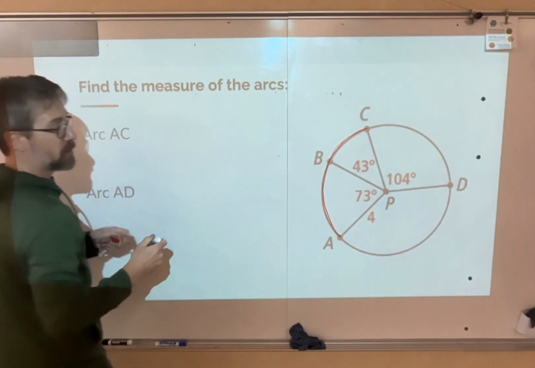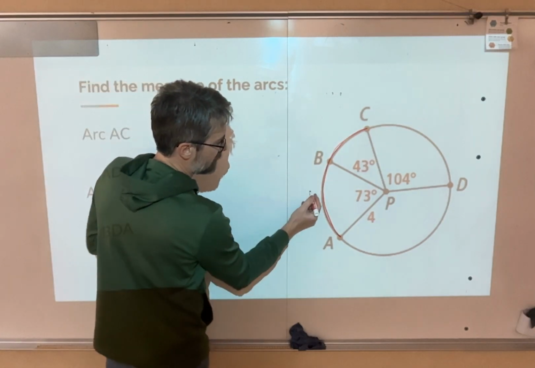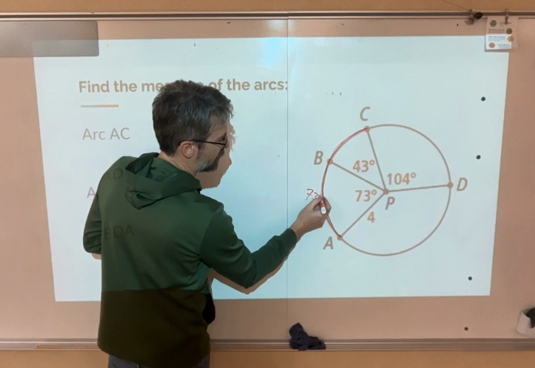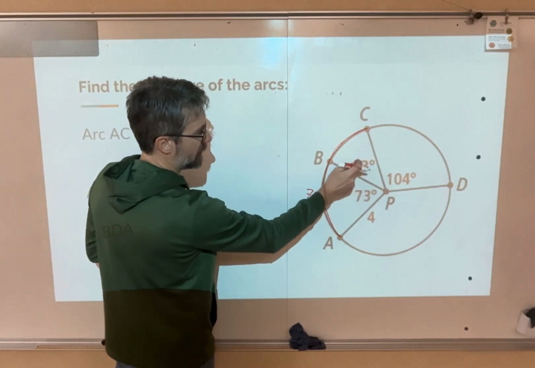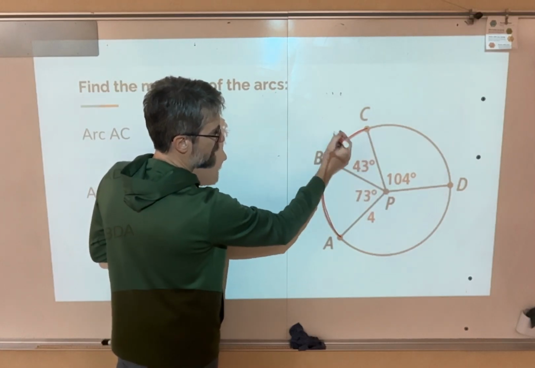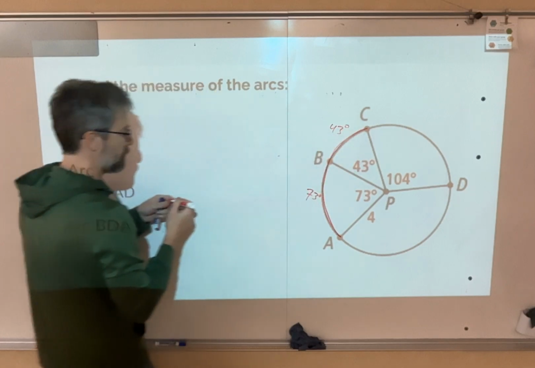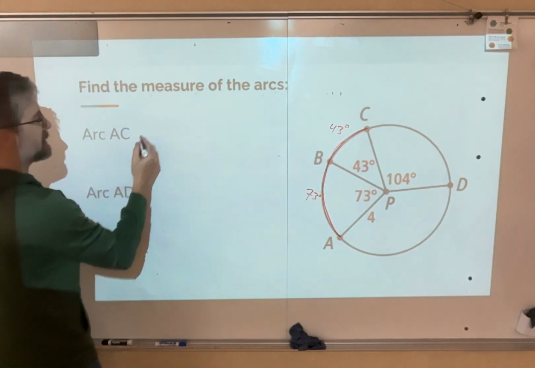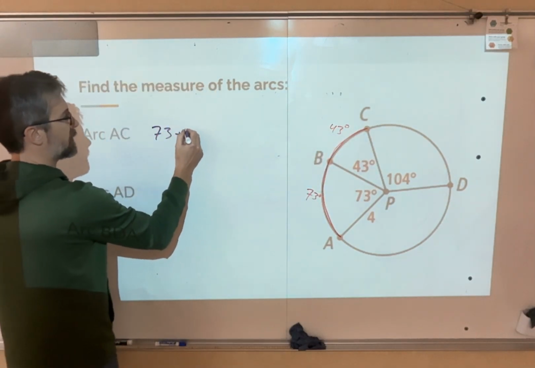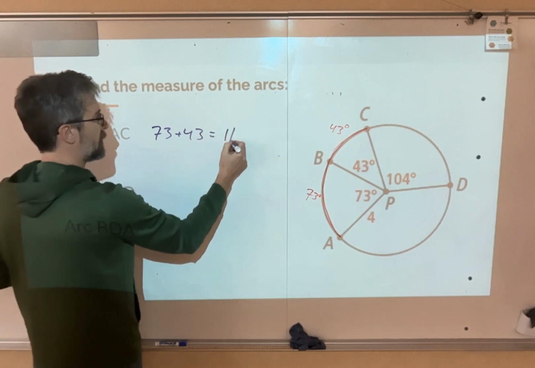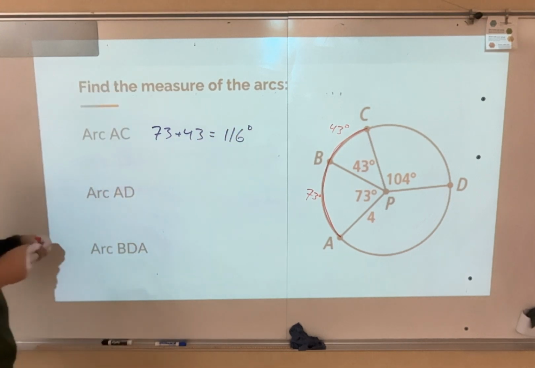And that's made up of two parts. This part out here from A to B is 73 degrees, which matches the central angle. This from B to C, its central angle is 43. So if we put those two together, AC is 73 plus 43, which is 116 degrees total.